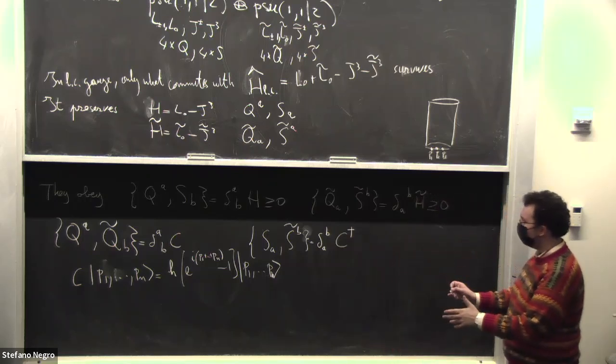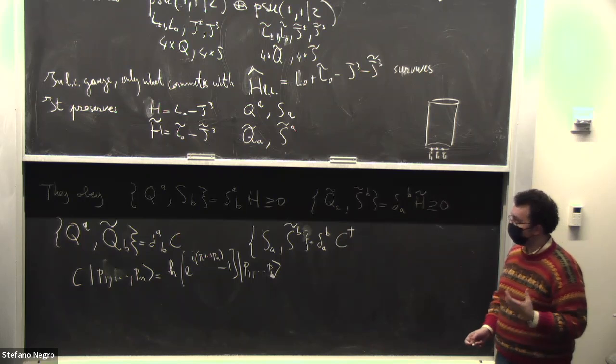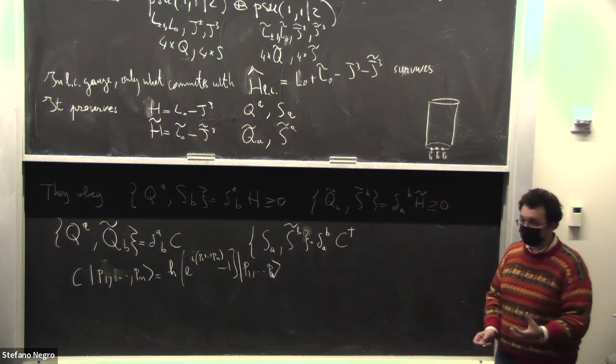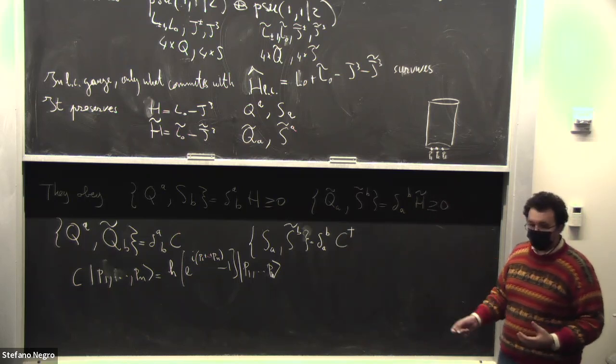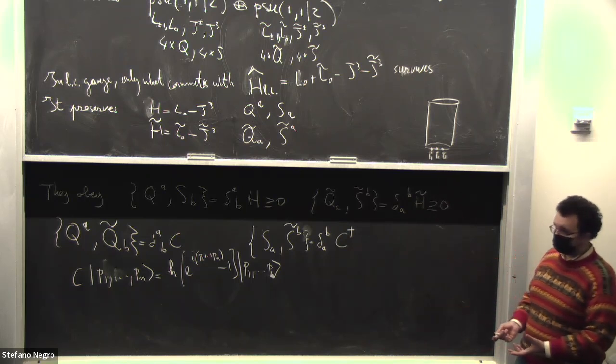So this structure of the algebra makes it extremely constraining and allows you to basically find uniquely the S matrix that has all these symmetries and automatically satisfies the Yang-Baxter equation.